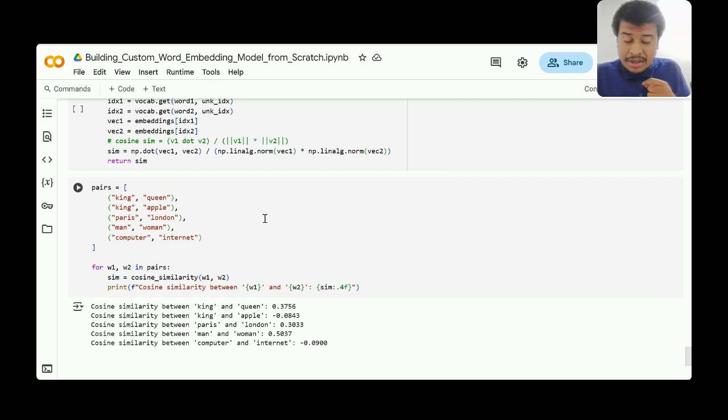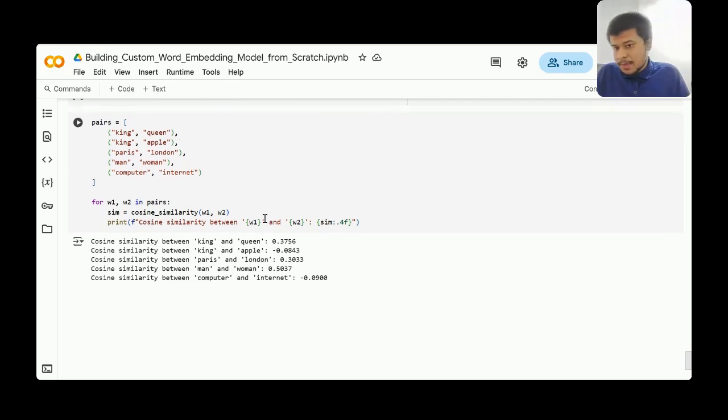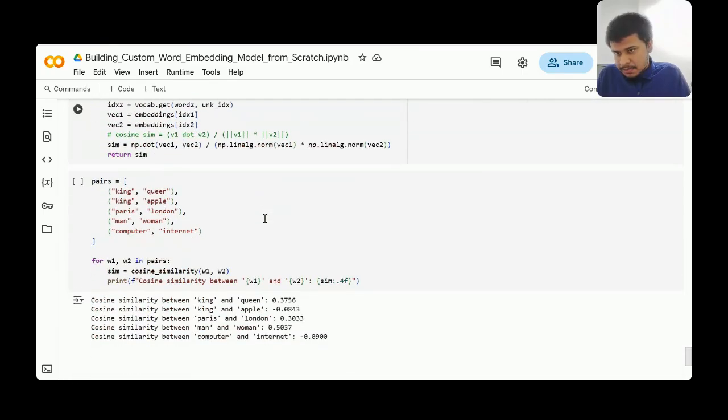That is the significant uniqueness of this Word2Vec model and this continuous bag of words based Word2Vec model. So with that, we conclude this implementation of Word2Vec.